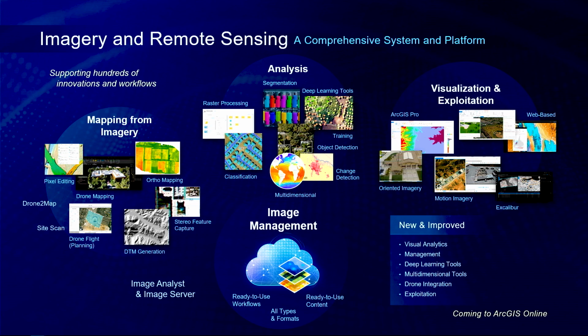Visualization and exploitation is available across a range of desktop, web, and mobile tools, including ArcGIS Pro, as well as Excalibur, and it includes the ability to work with full-motion video. Analysis includes both image processing, as well as raster GIS analysis, and now fully incorporates deep learning for information extraction.